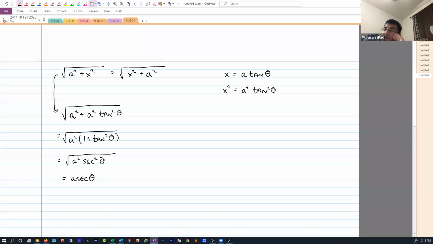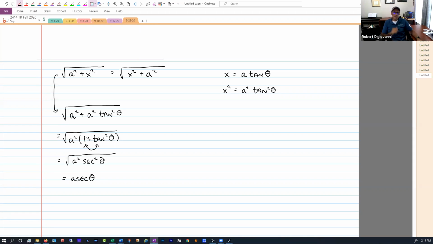What if you change the positioning, make x squared plus a squared? Same thing happens. All it does is change the order of these two things. It'll become tangent squared theta plus 1 instead of 1 plus tangent squared theta, which is the same thing. Secant squared is the same thing. So why is it, I'm confused. We can use 1 plus tangent squared, tangent squared plus 1, but we can't use that with cosine, because of the negative sign. The Pythagorean identity is this.